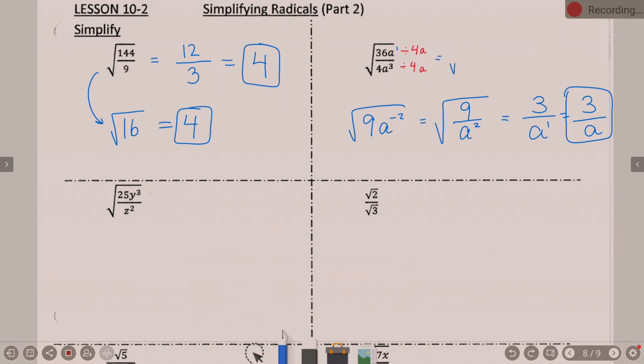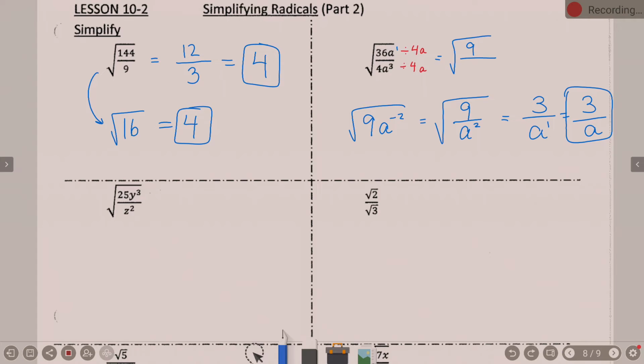And so then, on top, 36a divided by 4a. 36 divided by 4 is 9, and the a's will cancel. On bottom, 4a cubed divided by 4a. 4a squared. Wait, no. It should be a squared. The 4's cancel.